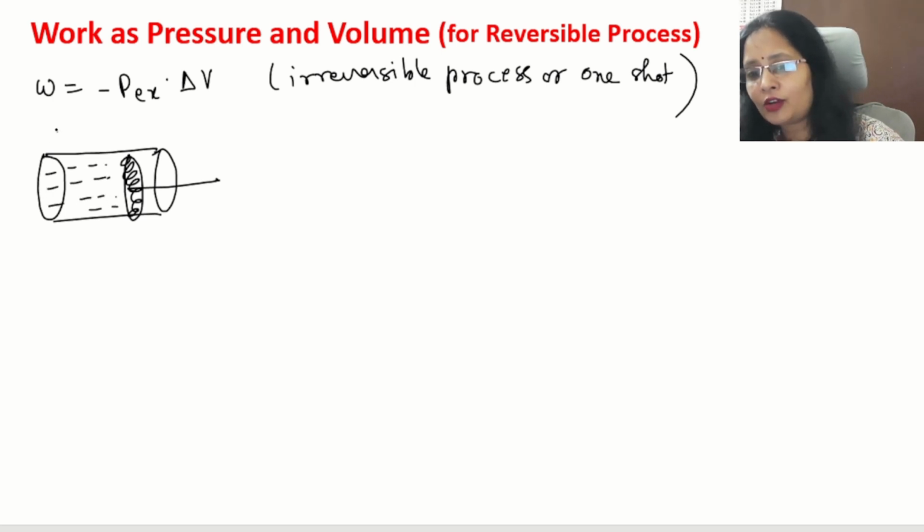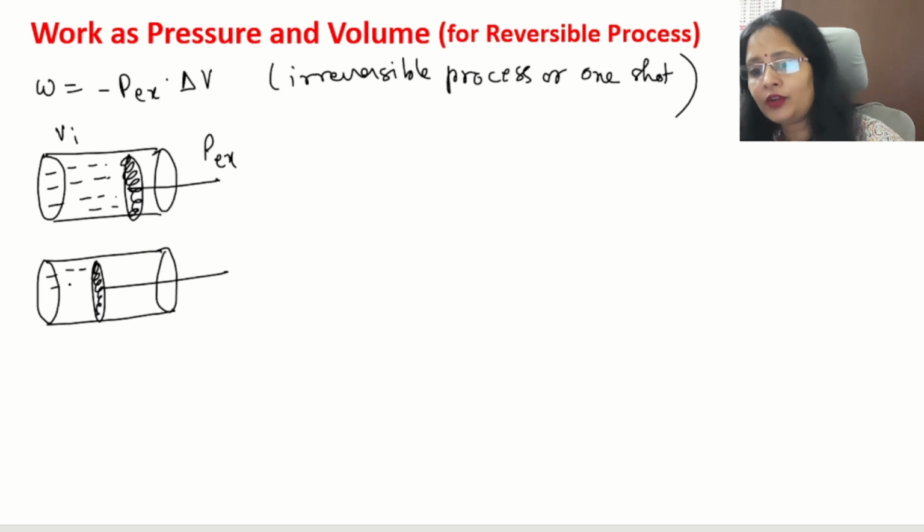So the volume is V initial and the piston is getting the pressure of P external from outside. What will happen? If we give the external pressure, the piston will move inward like this, and the volume will decrease and the final volume is Vf.